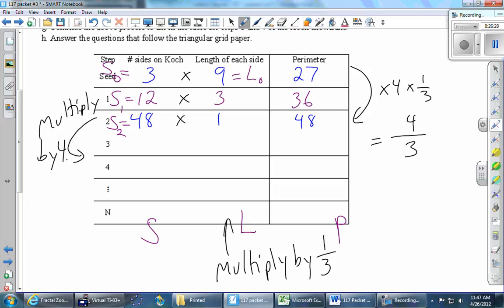That's an L, and it's the 0 piece, the starting piece, the seed. What's a good name for the next one? That's L1. That's L2. And the list goes on. We're just giving names to this list. Finally, in the perimeter column, what's a good name for that 27? That's P0. And then P1 and P2. Perimeter in the second generation, second step.